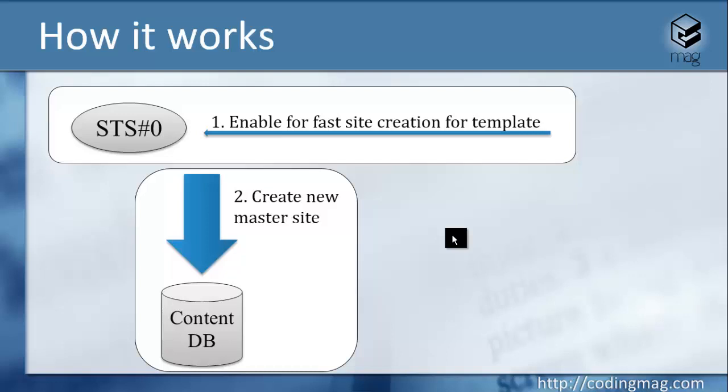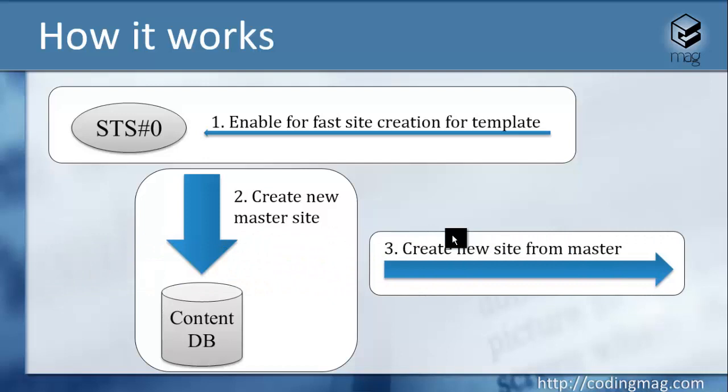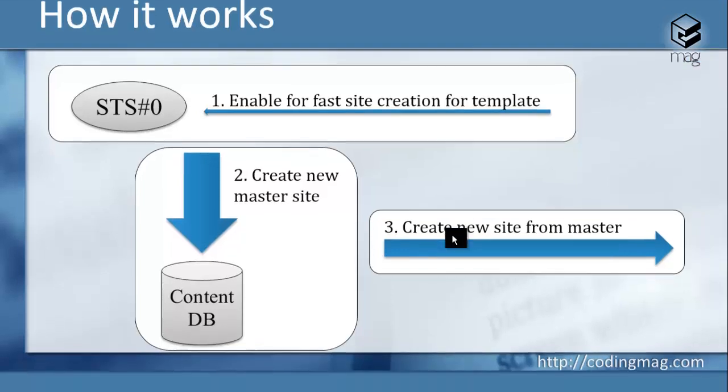So for each site template and for each content DB that we are going to use for fast site creation, we need to do that. And as the last step, we need to create a new site from the master that we have defined for this site template and for this content database.